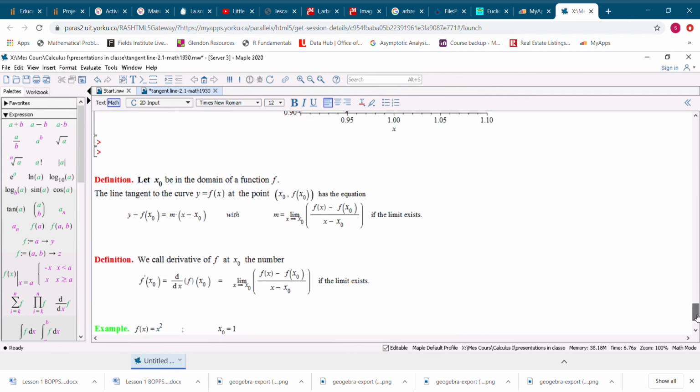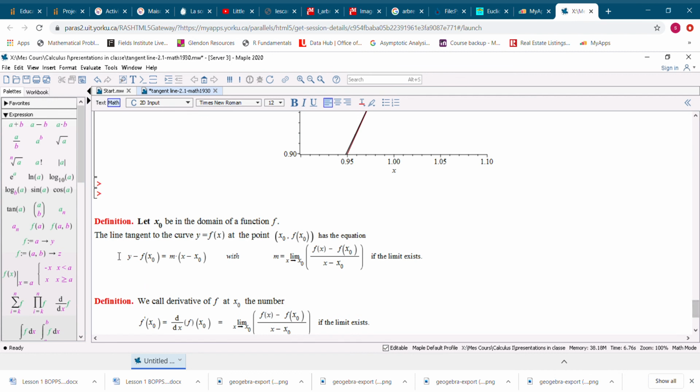We also learned how to find the equation of the tangent line, what its equation is, and what its slope is.